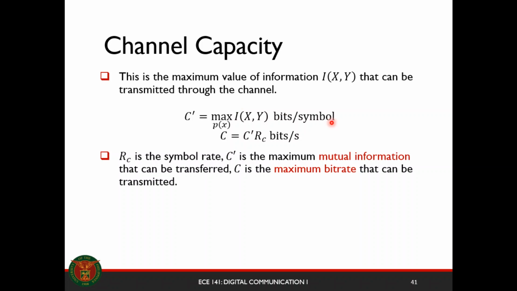Basically, what is the maximum amount of information you can infer by observing Y and trying to determine X. So this is your maximum channel capacity. And the maximum bit rate the channel can carry is obtained if you multiply the channel capacity by the symbol rate. You multiply bits per symbol with symbols per second, and you get bits per second. So this is how you derive the capacity of the channel.